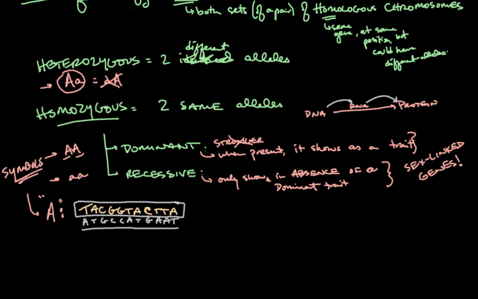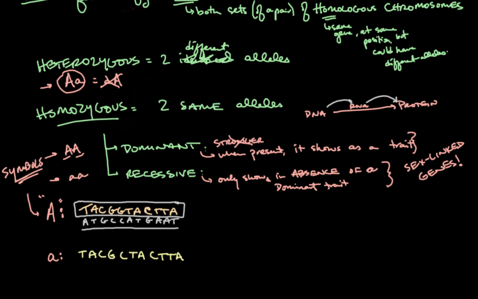But essentially, what ends up happening is when we compare this sequence to the recessive sequence, there could be a whole variety of differences, but it could be as small as something like this: TACGC, TACTTA.